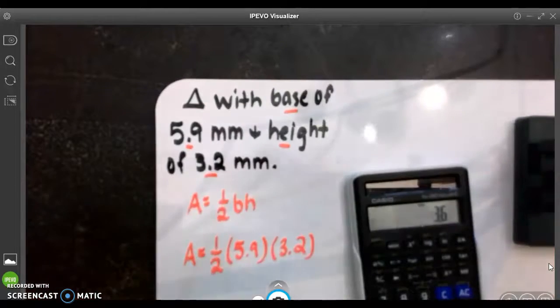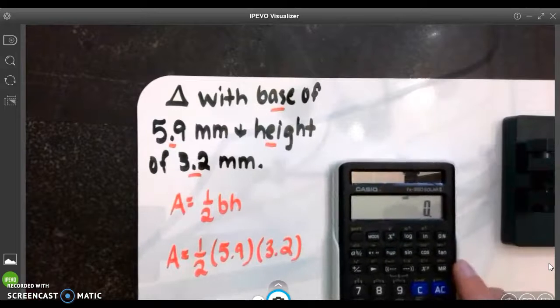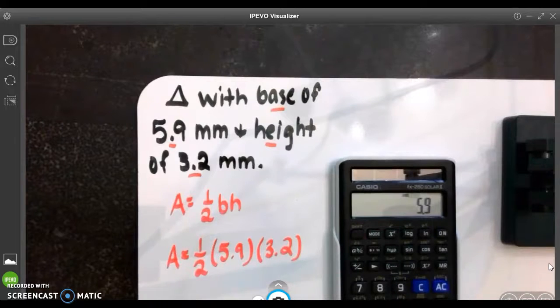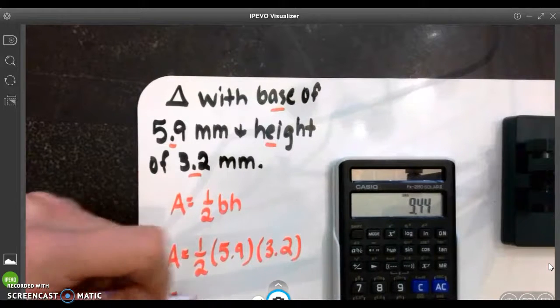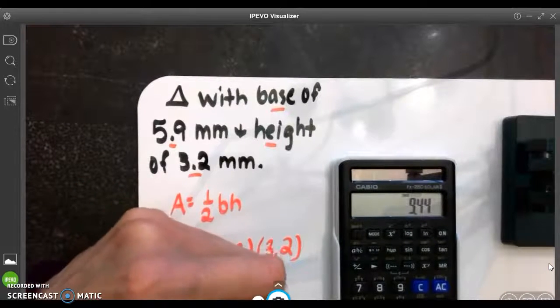I need my calculator for this one. So I'm going to take 3.2 times 5.9. I always work backwards on the triangles. So you get 18.88, and half of 18.88, so divide by 2, is 9.44. So area equals 9.44 millimeters squared.